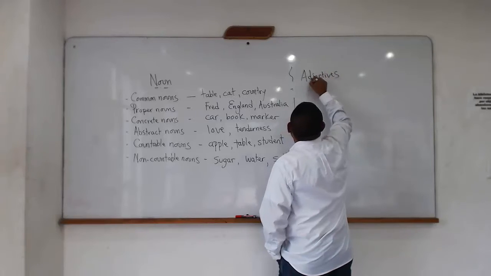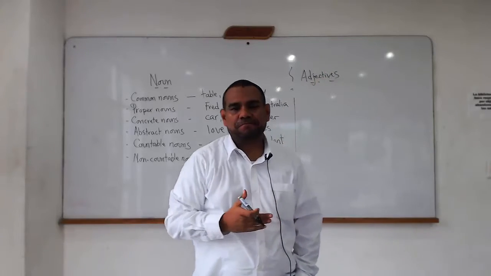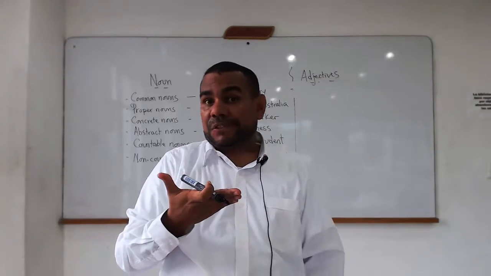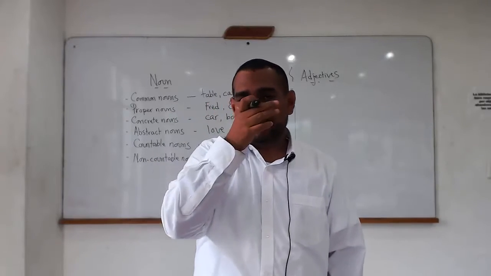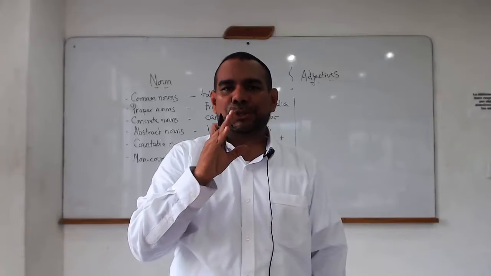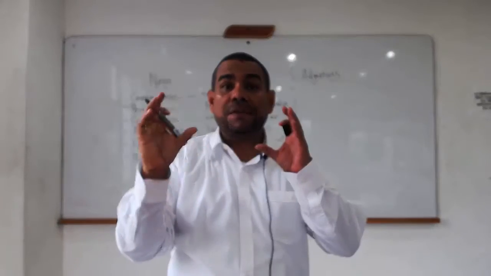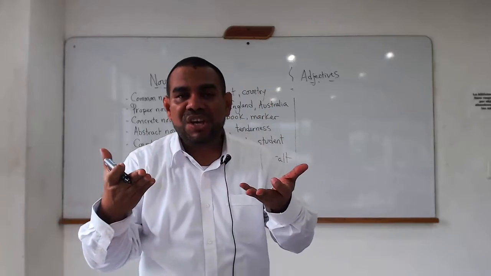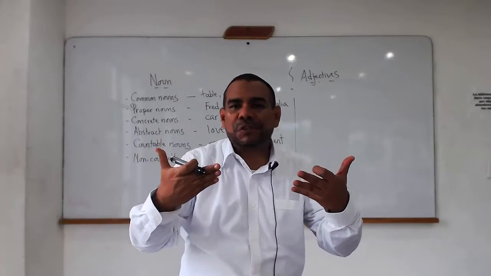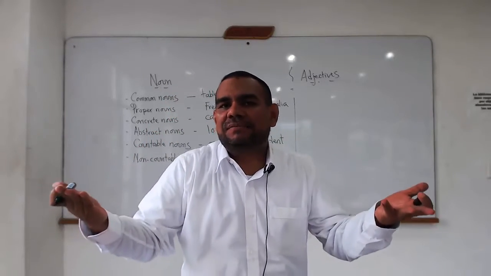And those words are the adjectives. The adjectives. What is an adjective? Well, it is a term that is going to refer to a noun in order to describe it. It usually answers the question, what kind?